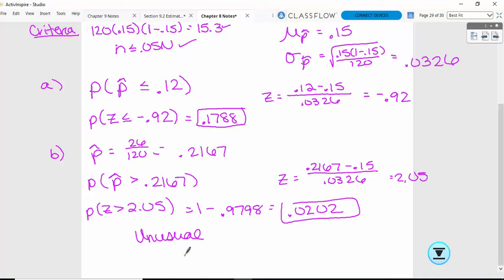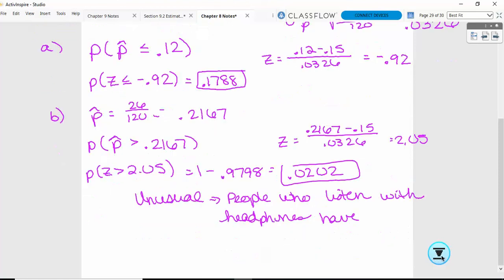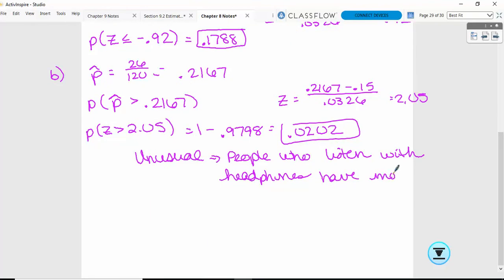This group, we're looking at hearing loss, and we looked at a group of people who listen to music using headphones. So what might we conclude? Headphones cause... Yeah, people who listen with headphones have more hearing loss. They are different than the population in general.